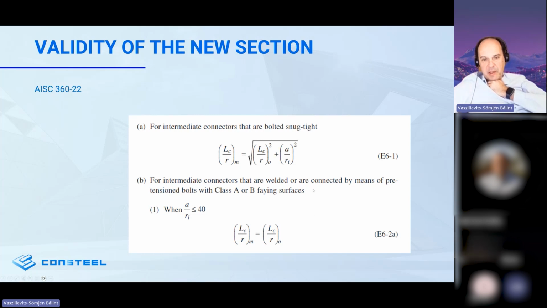So when this sentence was written, it was probably not specifically made for cold-formed members, but for arbitrary profiles where pretensioned bolts are more commonly used. In the case of cold-formed members, that's not typically the case. So the 40 i is probably not adequate and too high a distance for cold-formed members.